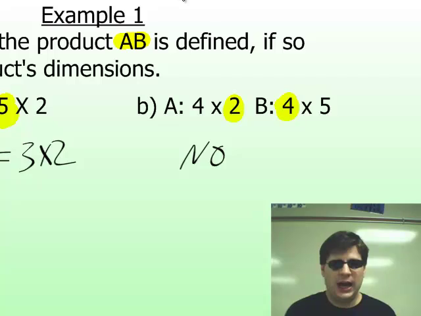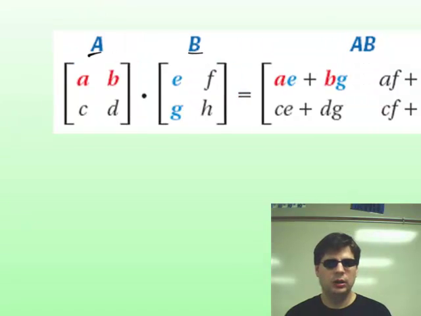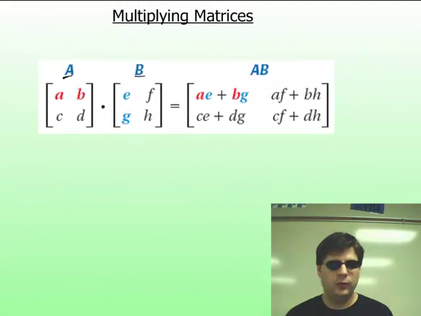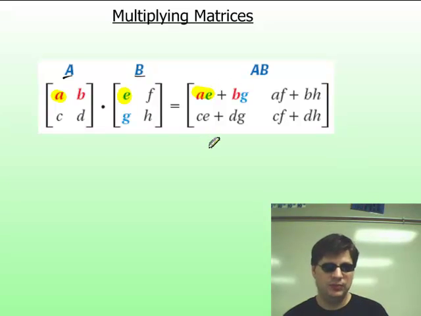So let's look at the actual process of multiplying matrices together. So here's the general case for multiplying matrices. We're going to start with the top row in matrix A and then the first column in matrix B. So we start off with the first element in A and we multiply that with the first element in B, and that goes here, AE.